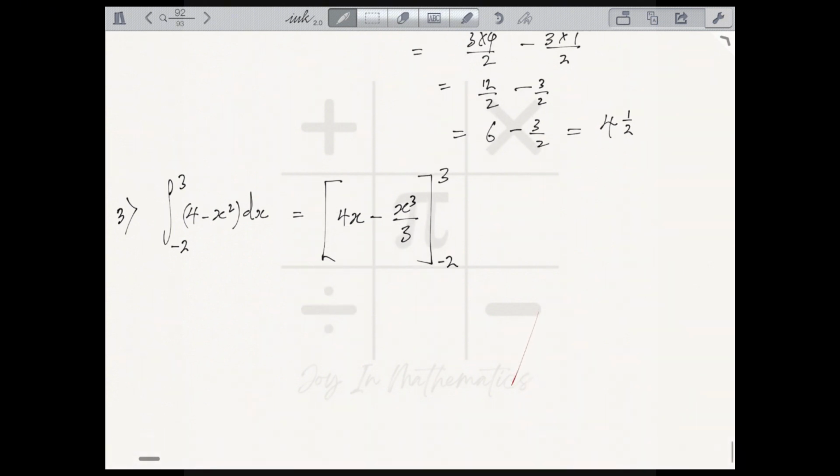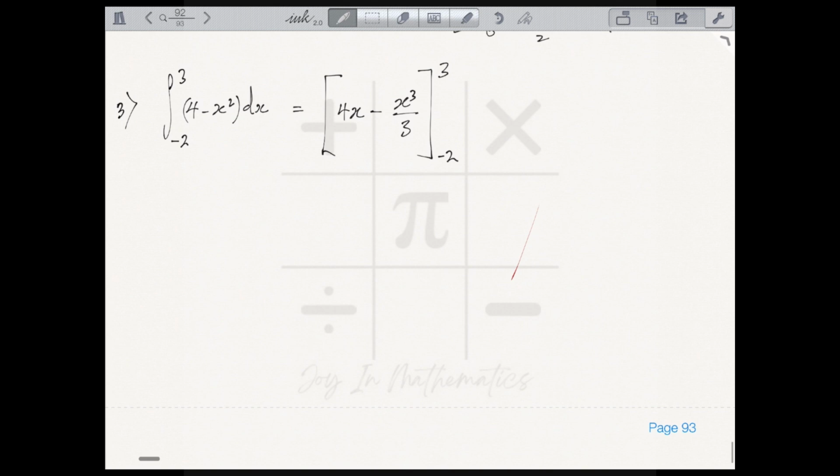Now, having done this, we substitute our upper limit and we substitute our lower limit. We know that the upper limit will come first and the lower limit comes later. And the upper limit in this case is 3, the lower limit in this case is -2. So let's substitute our upper limit. So wherever we see x, we substitute 3, 4 into 3 minus 3 cubed over 3.